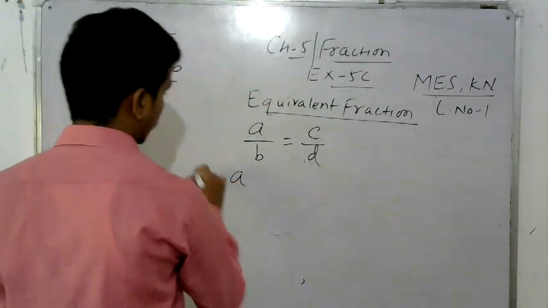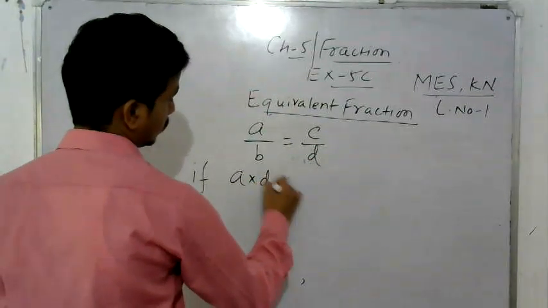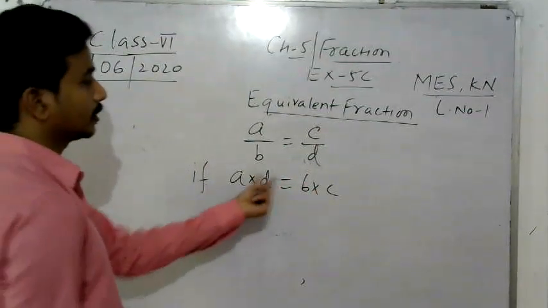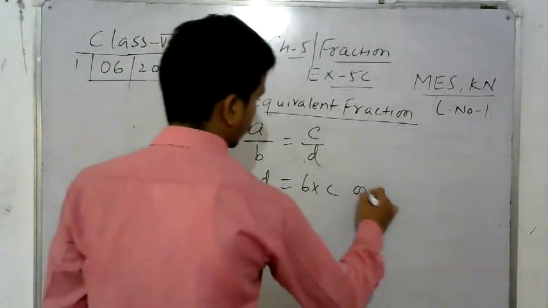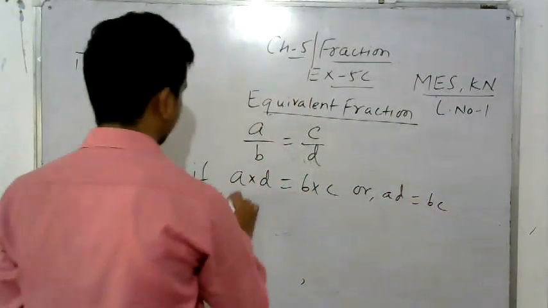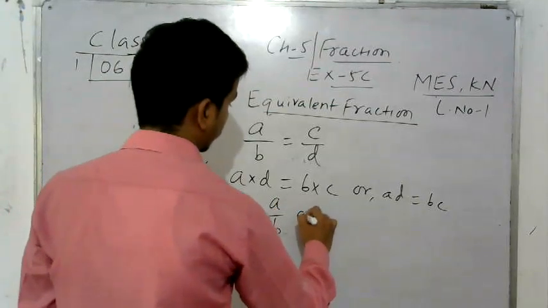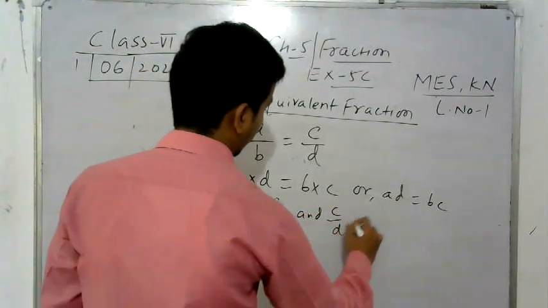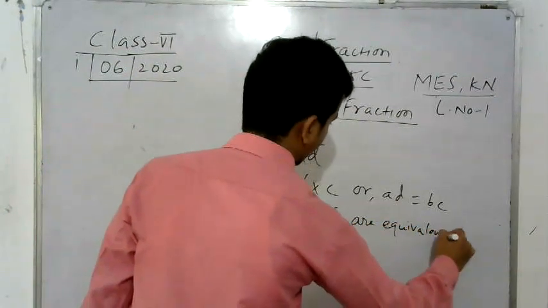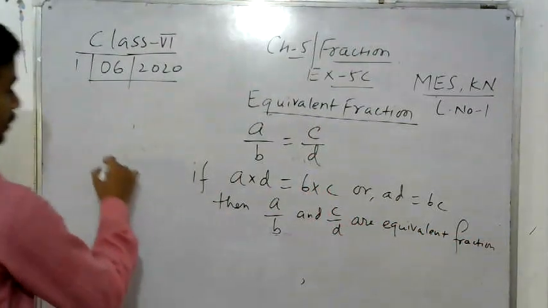If A into D is equal to B into C, or AD equals BC, then we can say that A by B and C by D are equivalent fractions.